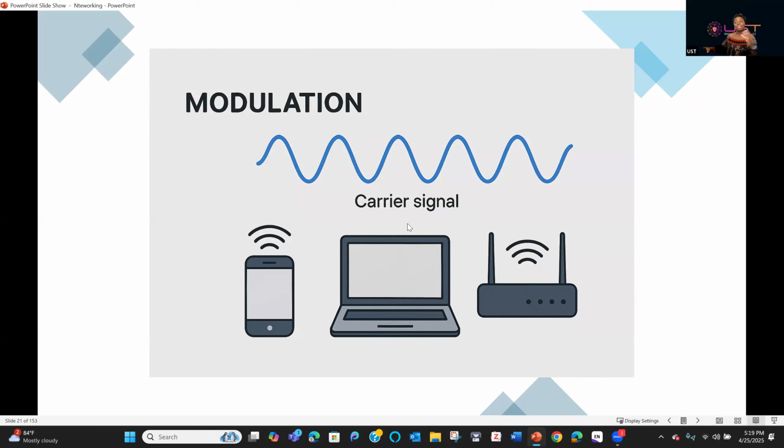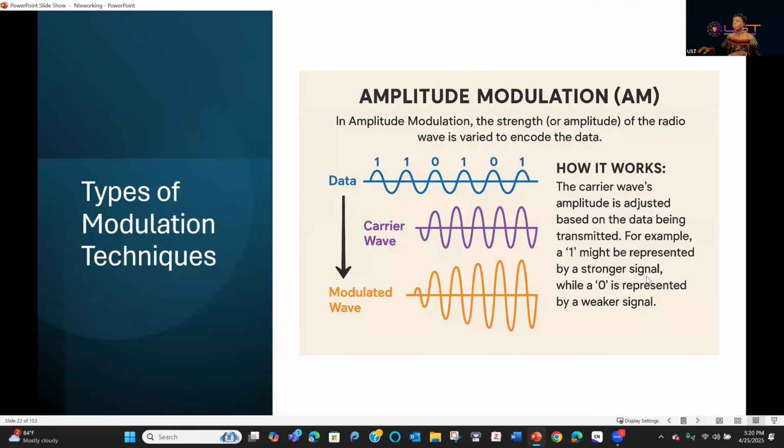If you have this carrier signal that carries the information, it is constant, it is static, as far as it is constant, that is the AM and the FM. But when it goes through the process of modulation, modulation has to alter it. So when that altering occurs, then we start deciding, is it AM, is it FM, or is it phase? And I believe the next slide has something to tell us.